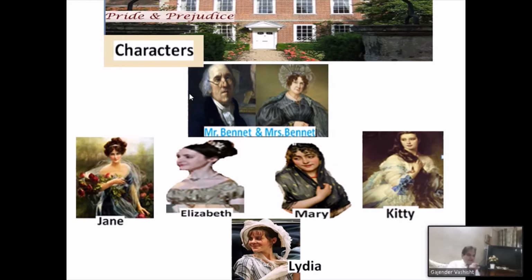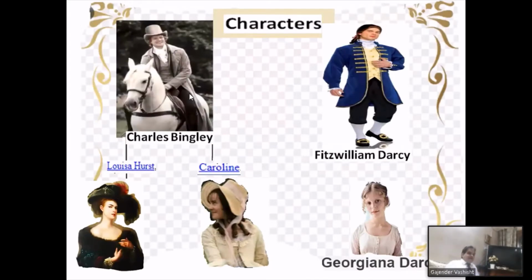The eldest one is Jane. She's really beautiful and adorable. Elizabeth is very wise, witty, and smart. Mary is the third one. Kitty, her actual name is Catherine. And the 5th one is Lydia, the youngest one.